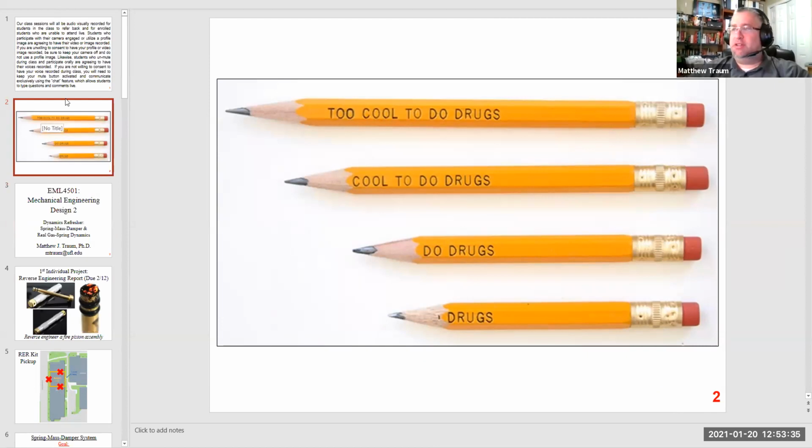I wanted to start with another one of these funny examples of a design fail, where the designer is not thinking about the end user and how the end user is actually going to use the product. This is actually from my childhood.